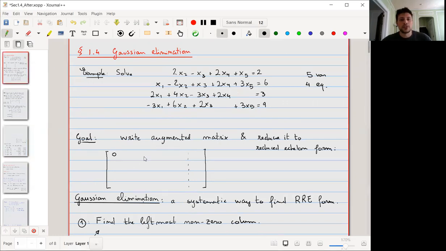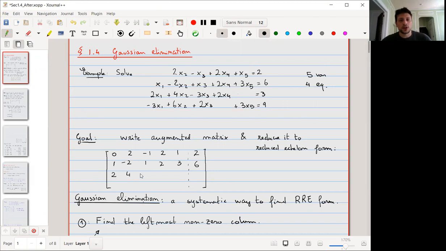This matrix has coefficients 0, 2, -1, 2, 1, 2 in the first row. The second row is 1, -2, 1, that's a minus 2, 3, and 6. I'm reading off the coefficients from those equations.